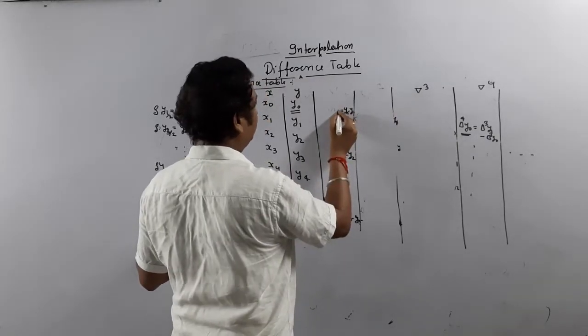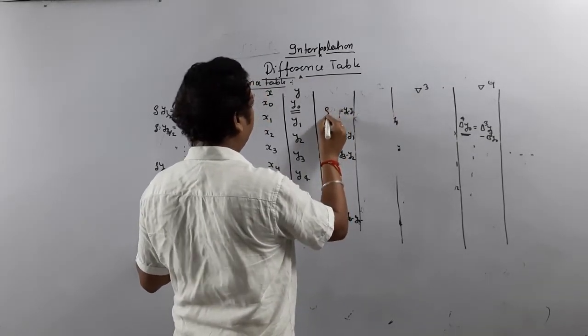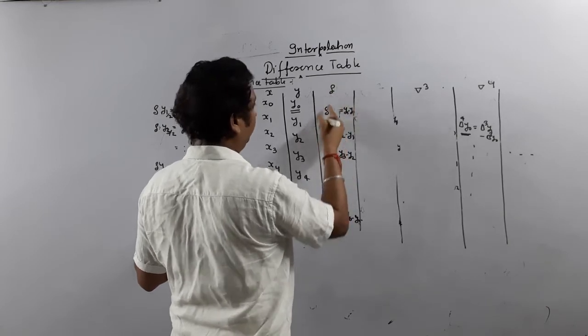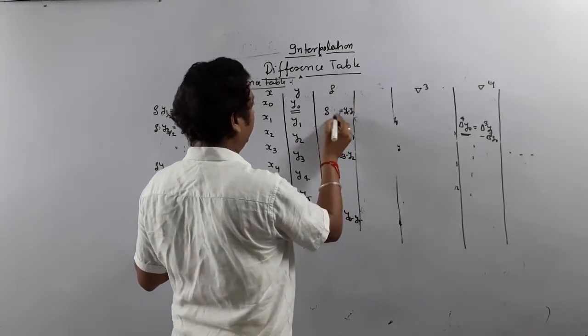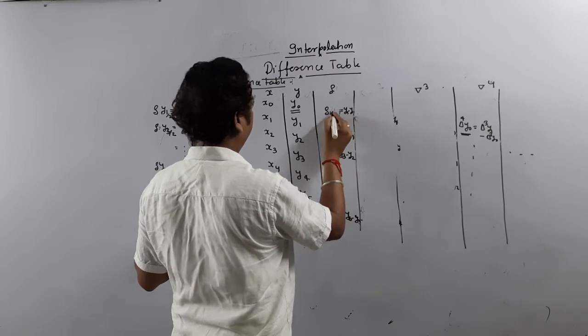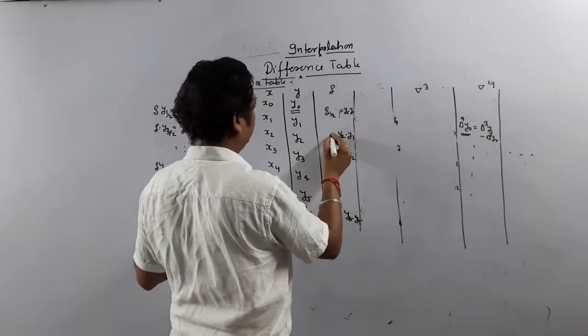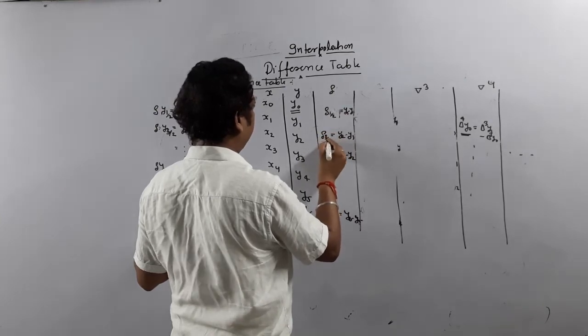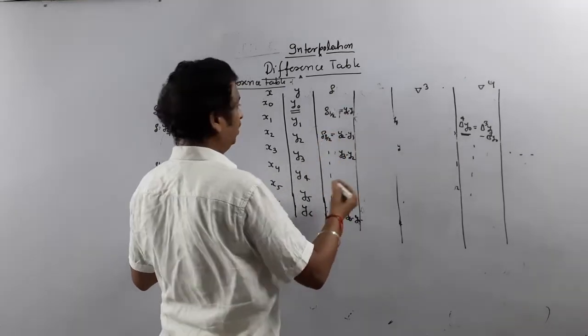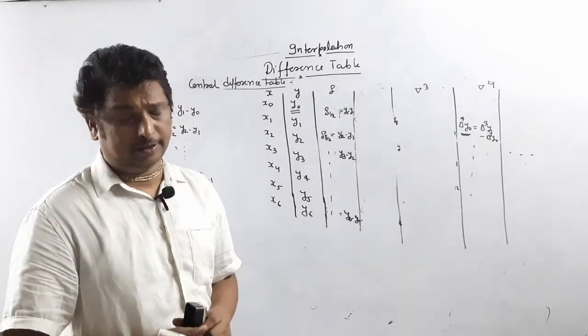So y1 minus y0 we denote by the first central difference, del y at 1/2. Then 3/2 and so on. In this way you can define it.